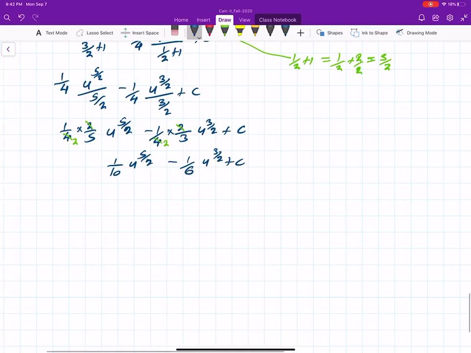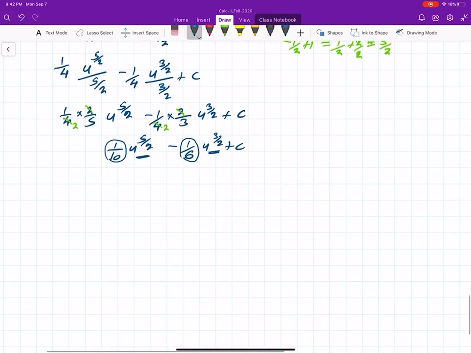Alright, now you can factorize this. Here it is 1 over 10, here it is 1 over 6. This is u to the power 5 over 2, this is u to the power 3 over 2. So you can find a common factor. Among 1 over 10 and 1 over 6, you can take half as the common factor.